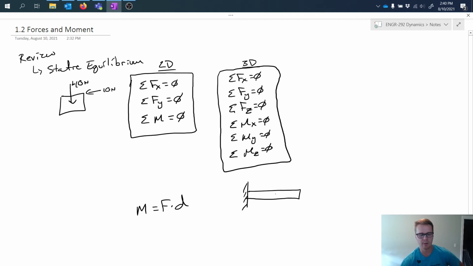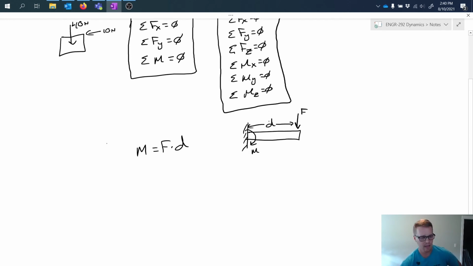This is a cantilevered beam, and I apply a force out here, which is at some distance d from where this is fixed into the wall. This force applied at a distance creates a moment and a reaction moment, which is equal to that force times that distance.